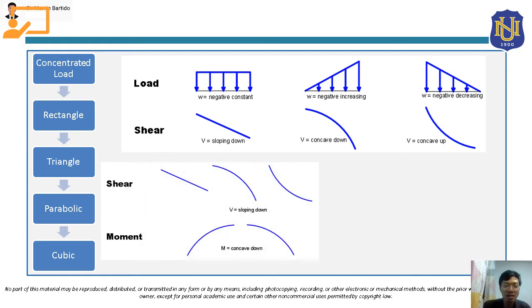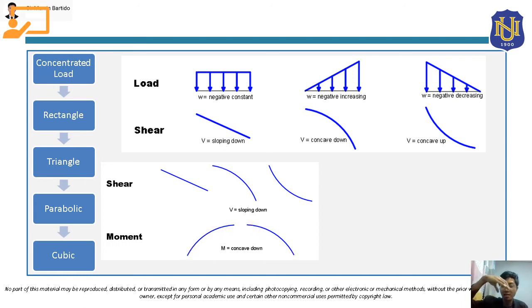Also, class, we also have these rules. If your shear is sloping down, going down from left to right, so this is sloping down, this is also sloping down, this is also sloping down, then automatically its moment will be concave down, either concave downward this way or concave downward this way.